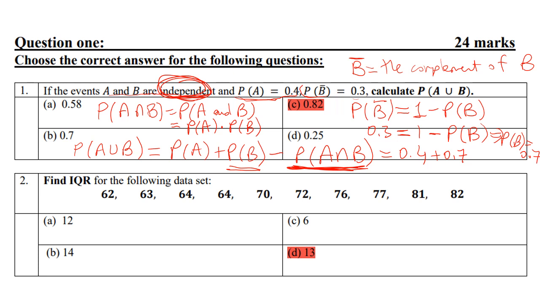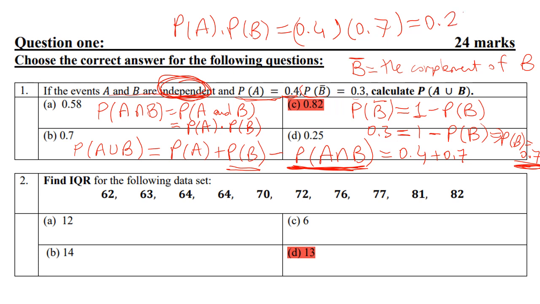So in this case, the probability of A times the probability of B is equal to 0.4 times 0.7. We already found it, which is 0.28. So in this case, we will subtract 0.28 from here. So if you do this calculation, the answer will give you C.